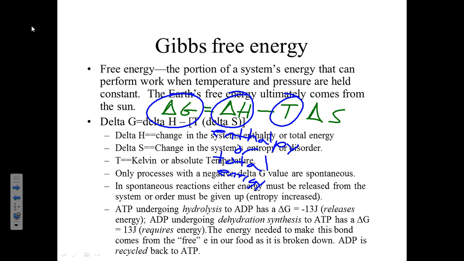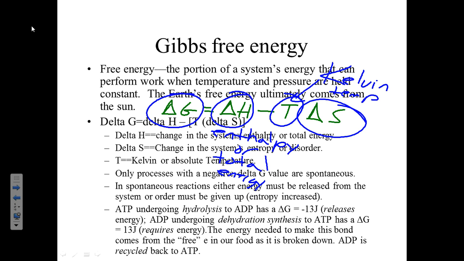So this is the Kelvin temperature. And then delta S, that's called entropy, change in entropy, which we said is a measure of what? Disorder, chaos, randomness. And you've got to know what each of these things stand for. If you know what each of them stand for, you can work the math. Again, Gibbs free energy equals delta H, enthalpy, minus the Kelvin temperature times the entropy.